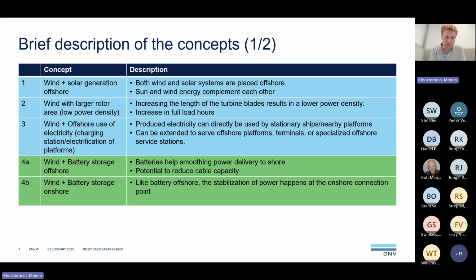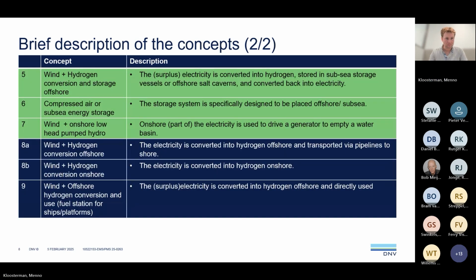Then we had a slightly more exotic concept of using the electricity directly to charge, let's say, offshore platforms or become a charging point for ships. Then we had two concepts with battery storage, one where the battery is located offshore, one where the battery is located onshore. Then, three concepts with hydrogen.